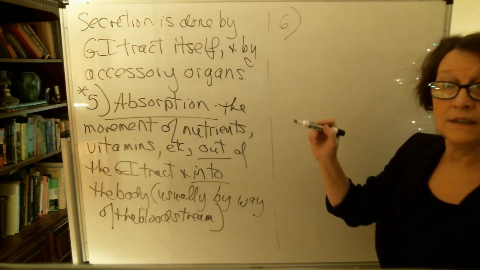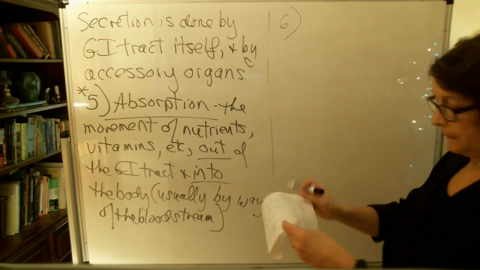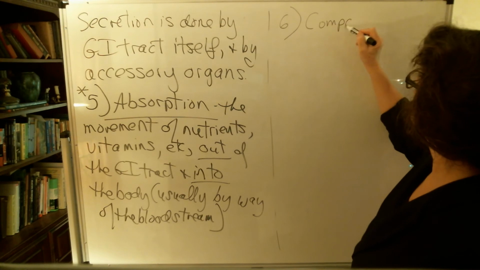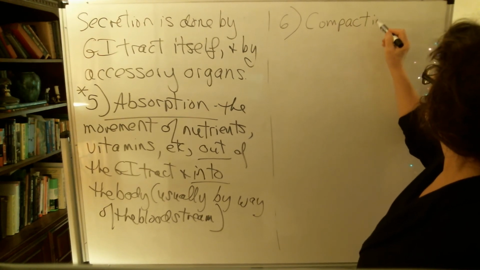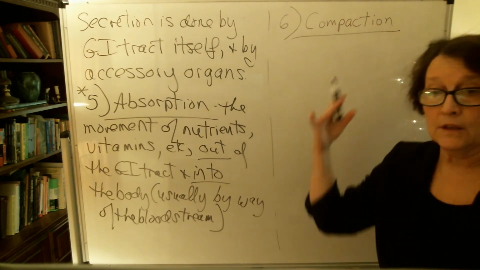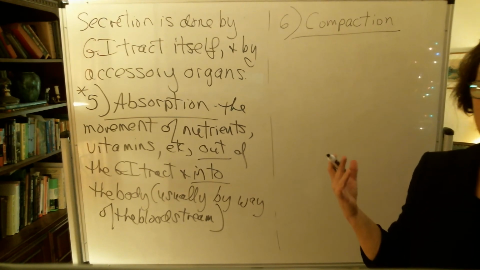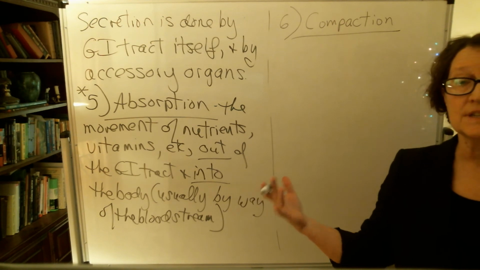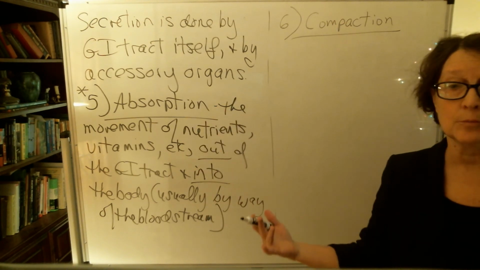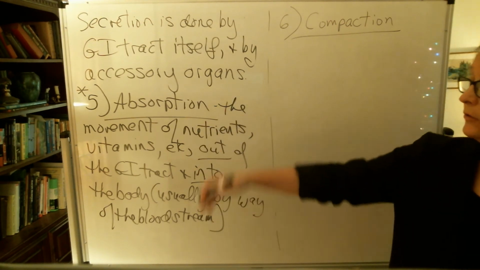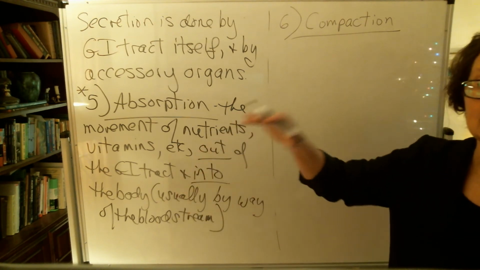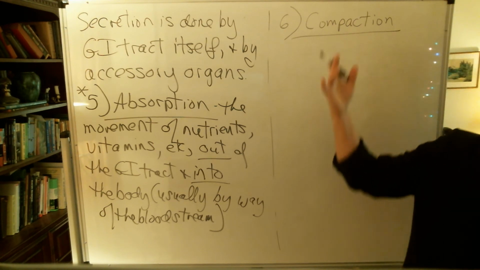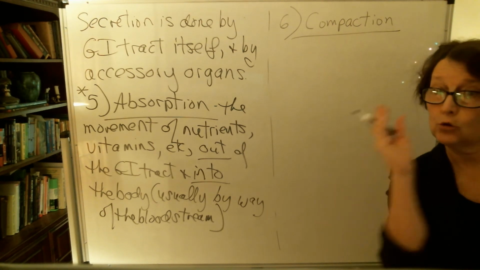So then the next in this series of steps then is compaction. So after we have managed to get as much valuable nutrients out of this absorption process as we can, when we've taken in the food, we've chemically broken it down, we've absorbed lots of useful molecules into our bodies, we've got stuff left and we need to make it smaller.